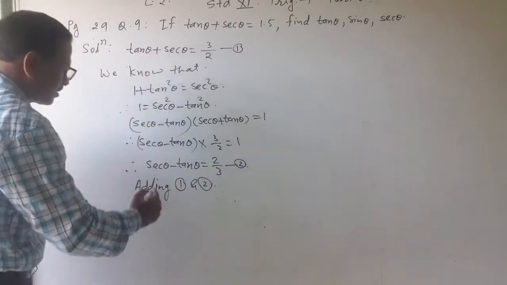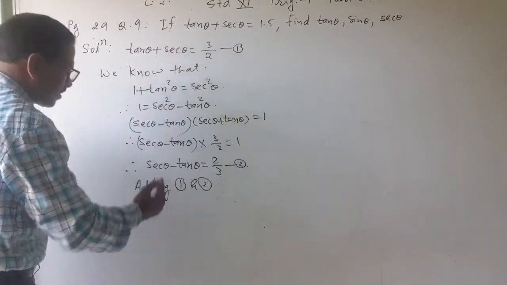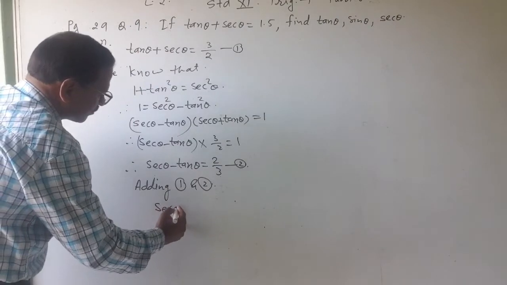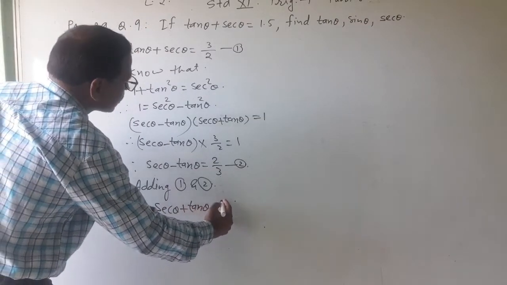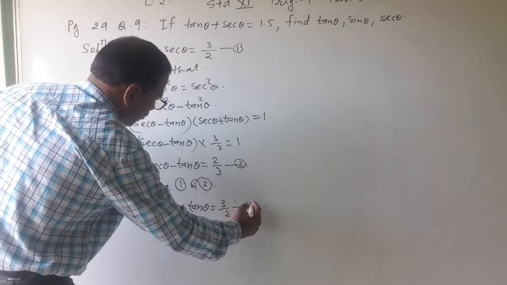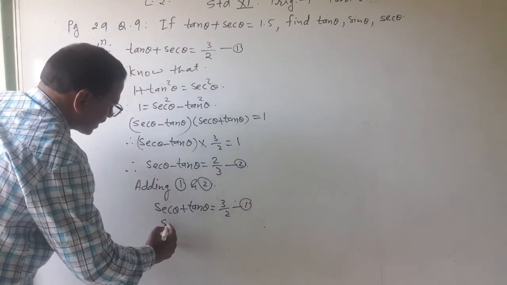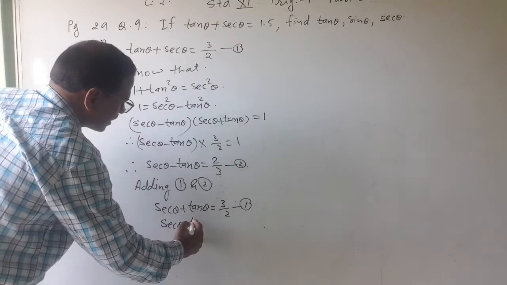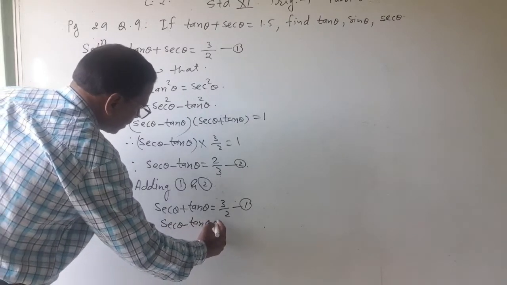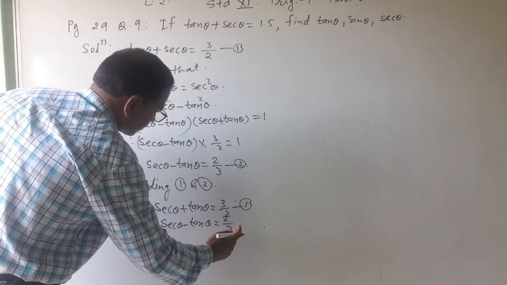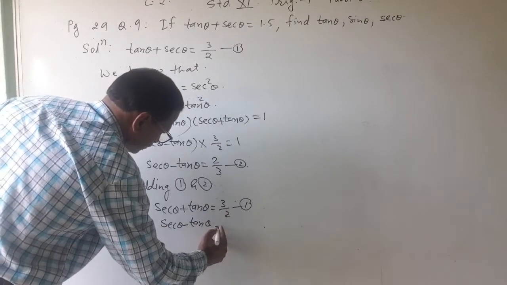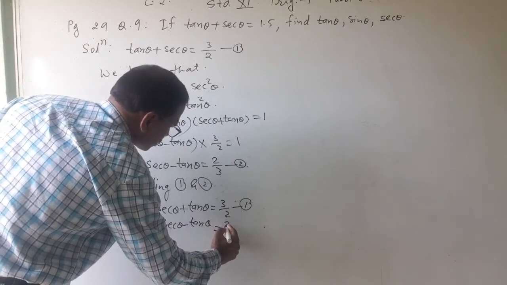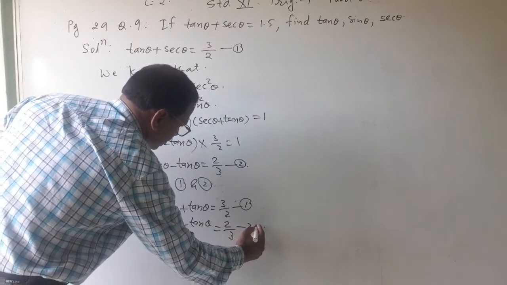So I will change this to the proper sequence. Sec theta plus tan theta is equal to 3 upon 2, this is equation number 1. And sec theta minus tan theta is equal to 2 upon 3, this is equation number 2.